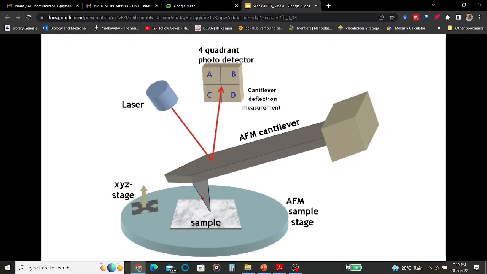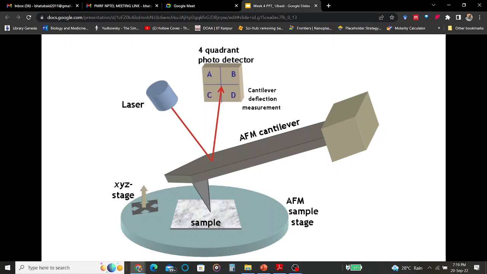This cantilever has a very sharp tip, which will be in contact with the sample. There are two types: one is the contact AFM, another is the non-contact AFM. But in most cases, contact AFM is used.